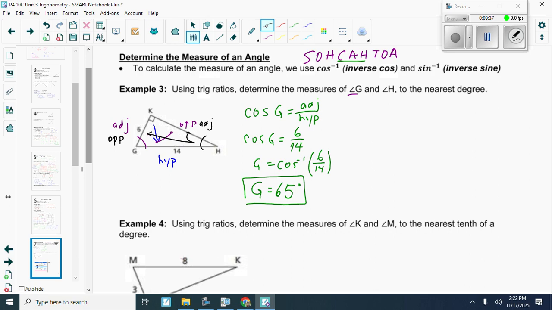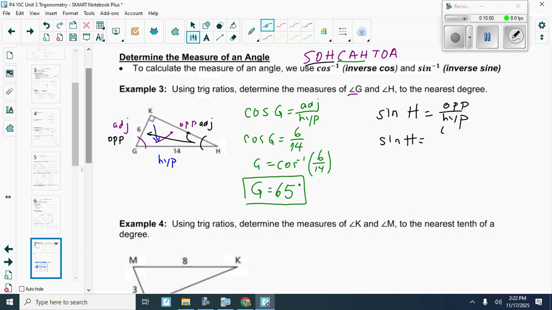So in this case, for angle H, I now have an opposite and a hypotenuse. So what trig function could I use? Sine, yeah. This time I'm going to use opposite over hypotenuse. Exactly. So we're going to do sine of H is equal to opposite over hypotenuse. Substitute in your numbers.